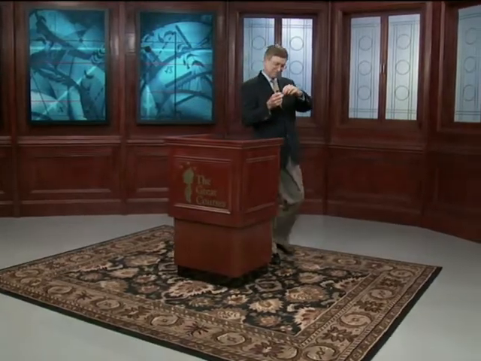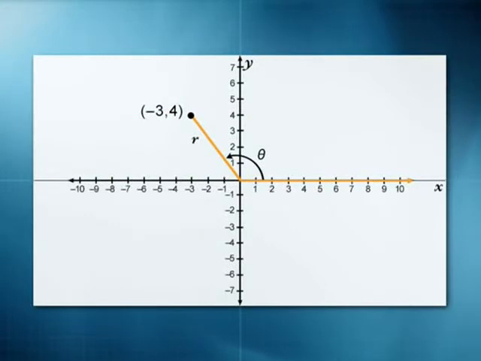Okay, let's do some computations with trig functions, with this new definition. Suppose our terminal point on our angle is the point -3, 4. So x is -3 and y is 4. Here I've drawn a picture of that. The angle actually ends up in the second quadrant, doesn't it?